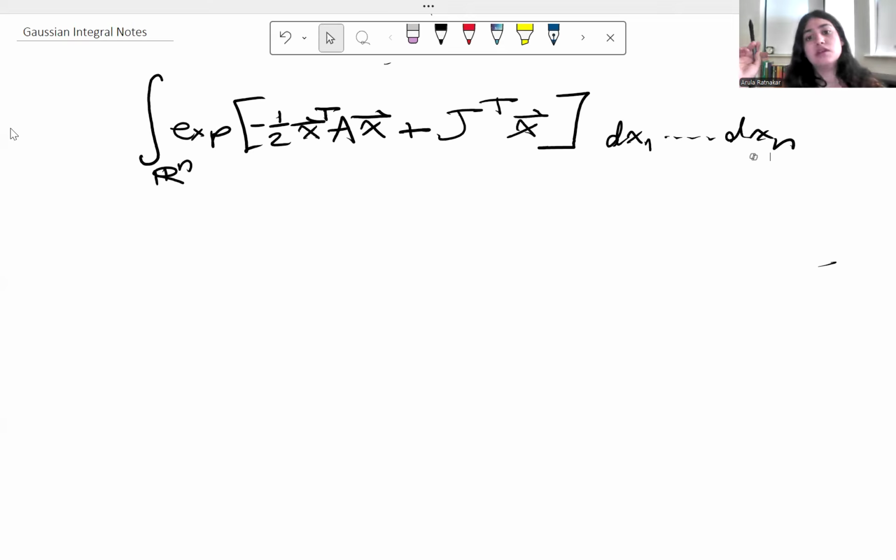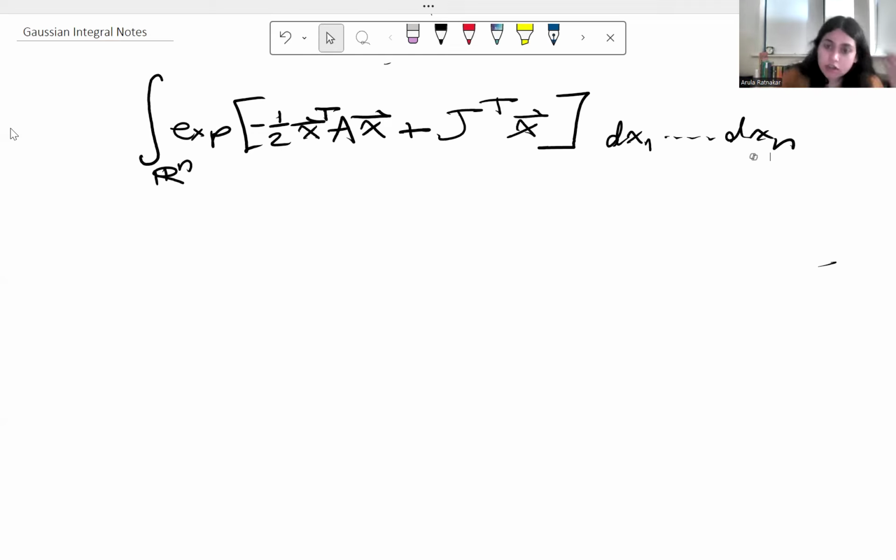So what this integral is going to evaluate is the area or the volume underneath this rescaled, shifted Gaussian. That's the quantity we're going to get, a number that we end up with.